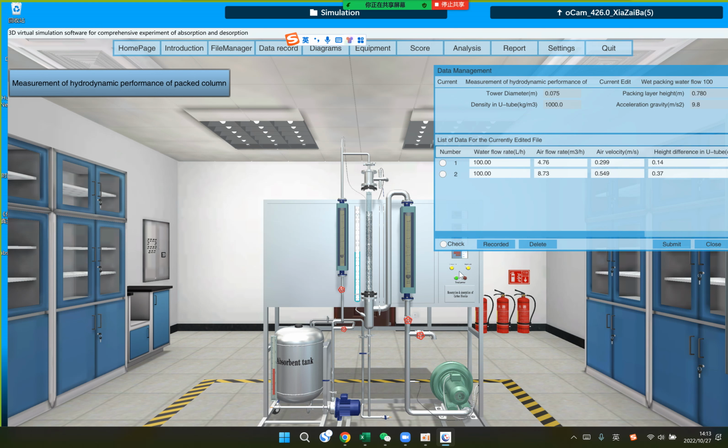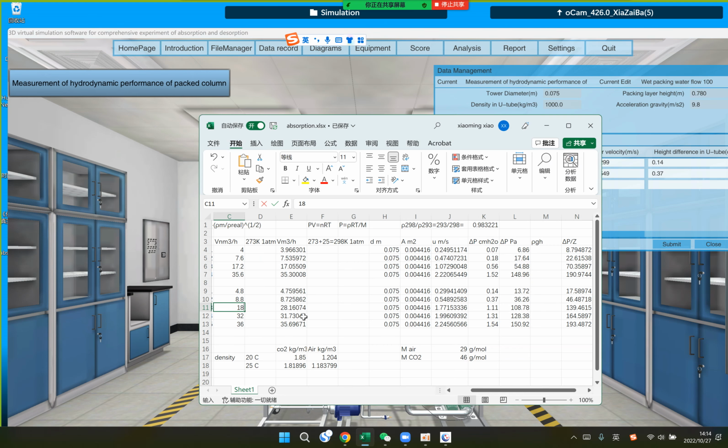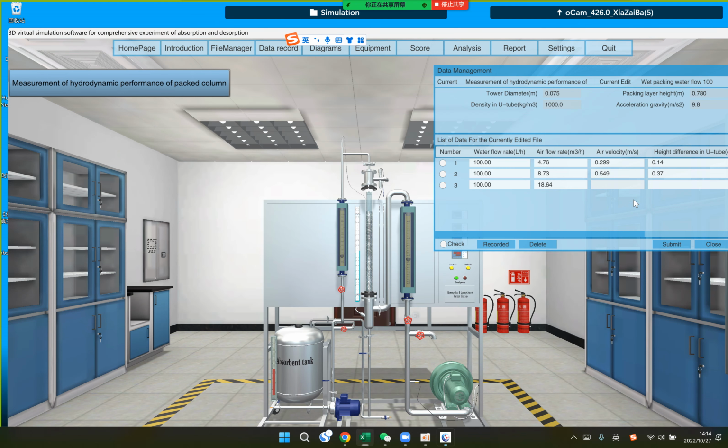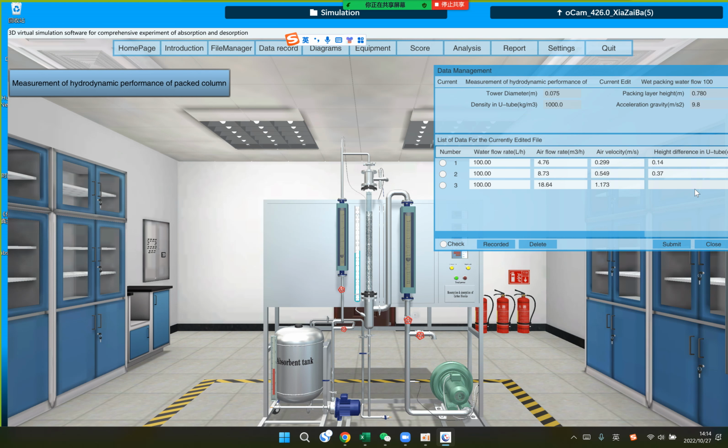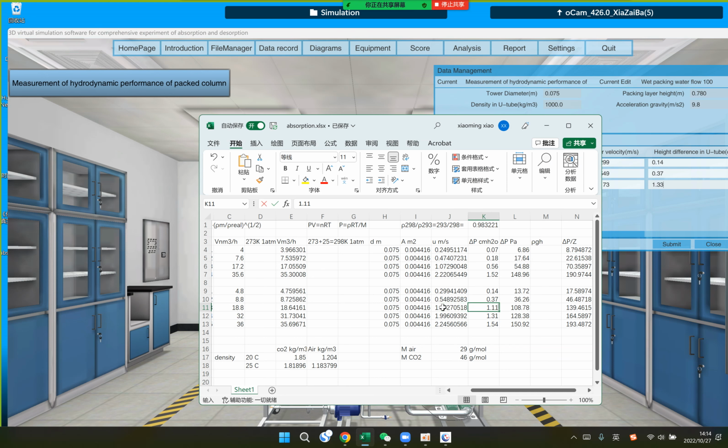And then we continue. Okay, close it. Maybe this one is enough. 100, no change. And for the 18.8, copy the next one. The flow rate should be, height differences is 1.33. Okay.